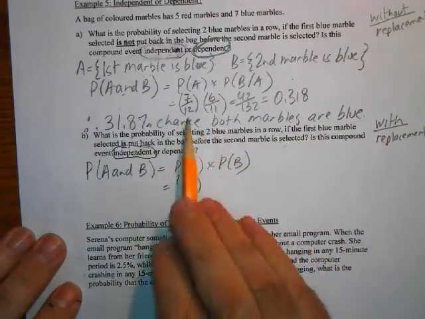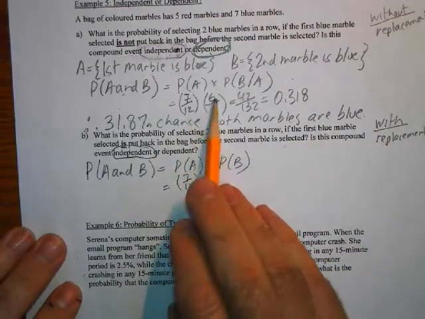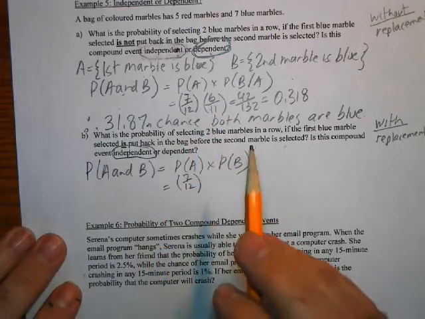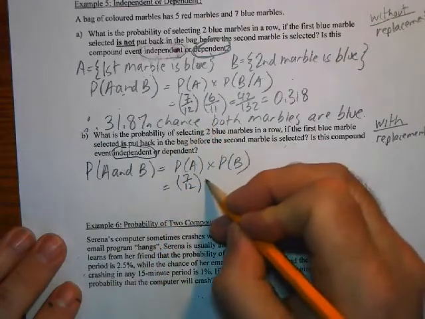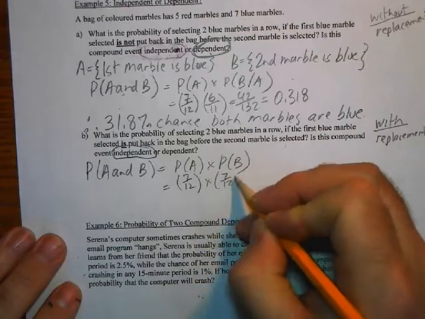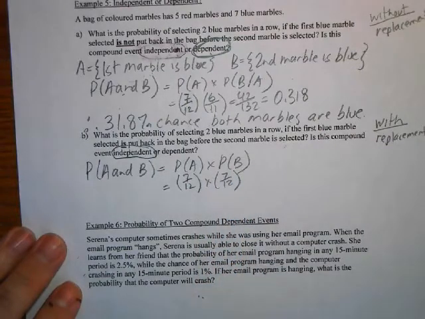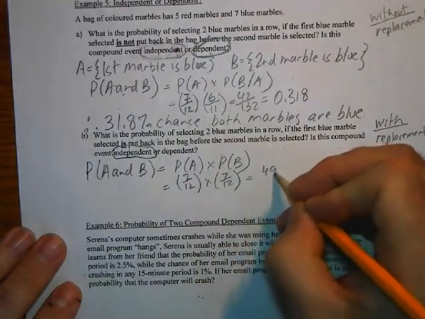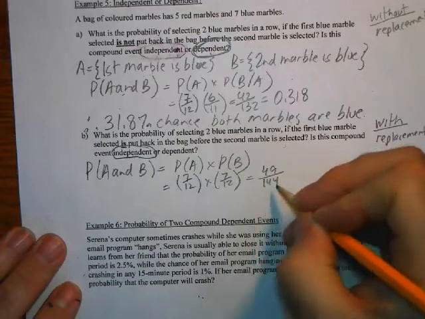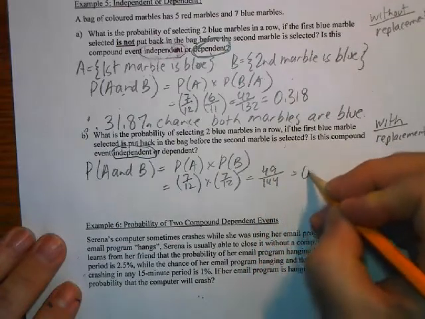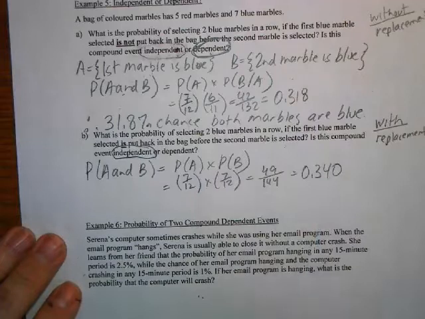But this time we put that blue marble back, so now we have 7 blue marbles, 12 total marbles. So we still have the same probability to select the second marble being blue. So that's 49 over 144, which is equal to 0.340.